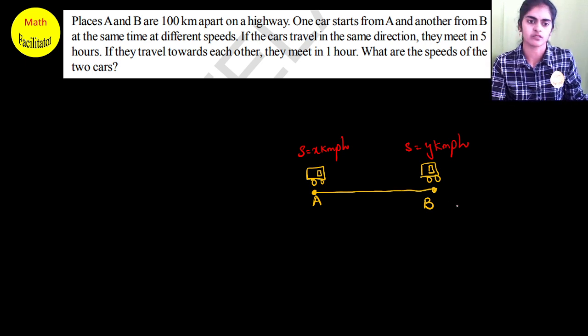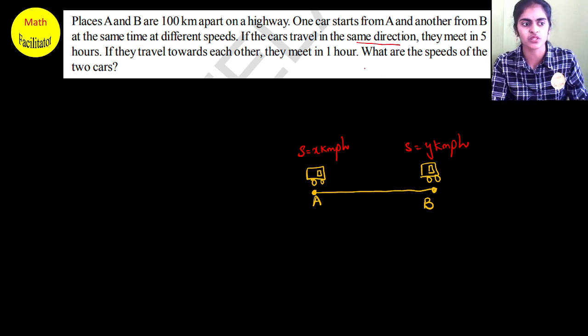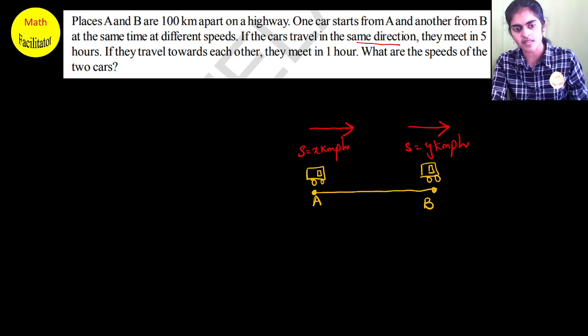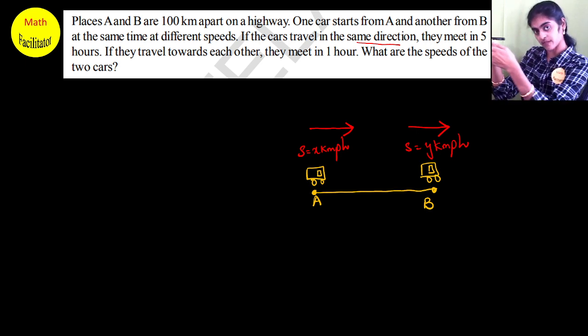Okay. So now both the cars, see here, if they are traveling in the same direction, car A is traveling in this direction, car B is also traveling in the same direction. Are you able to understand? Both of them are going in the same direction.